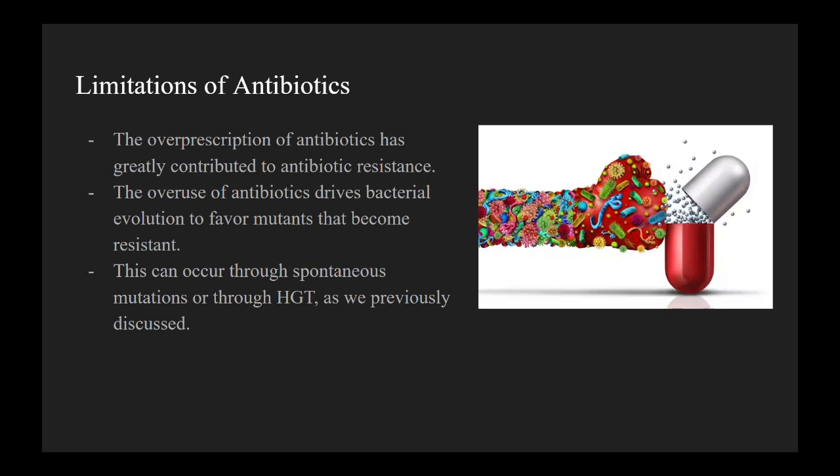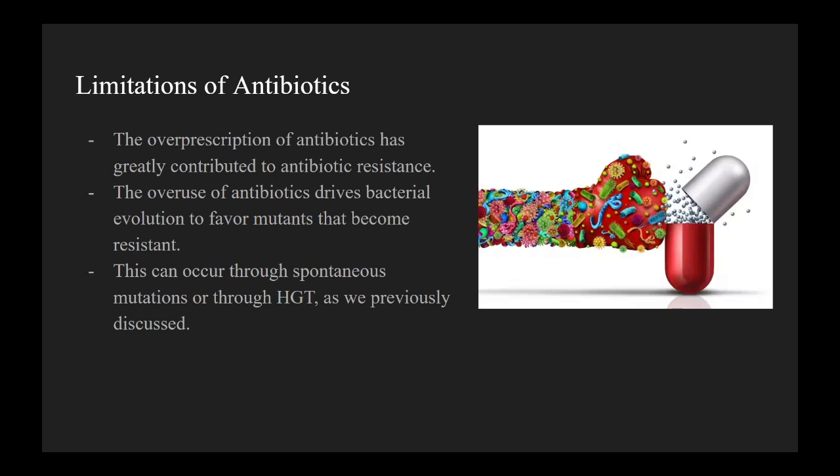So essentially it's an arms race between antibiotics and bacteria. As antibiotics get stronger, bacteria will develop more resistance to them. Then we have to make stronger antibiotics, and then those will create even stronger bacteria. So it's a really bad back and forth dynamic that's going on. This is a really big problem that so many researchers are working to combat right now.